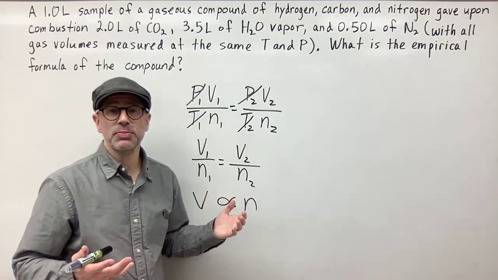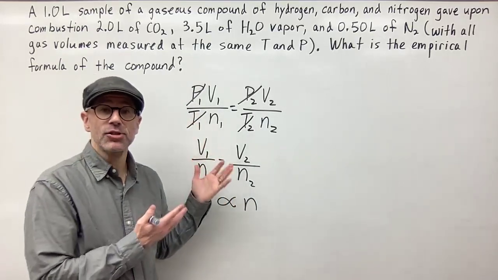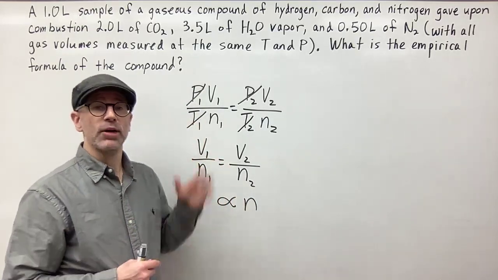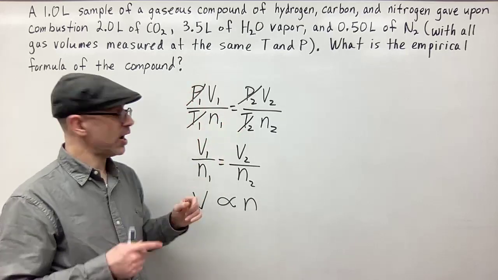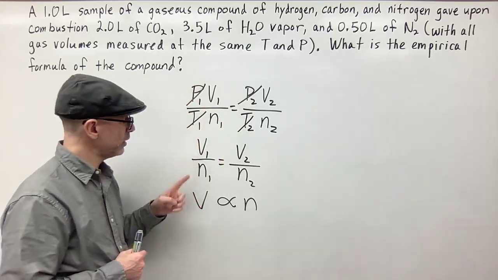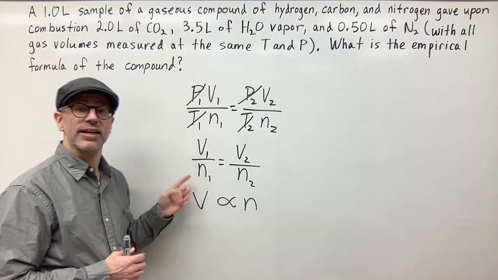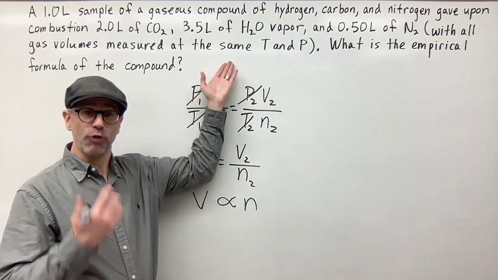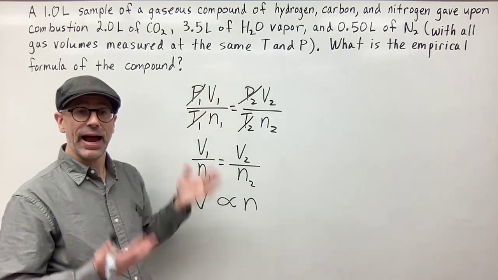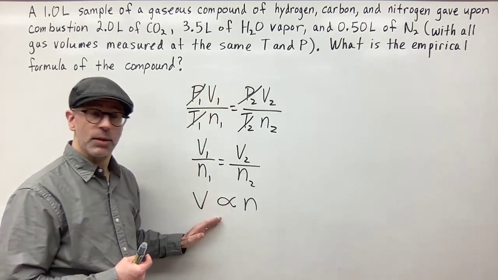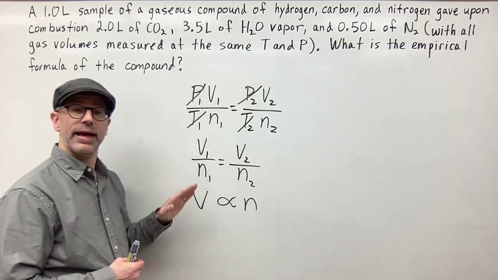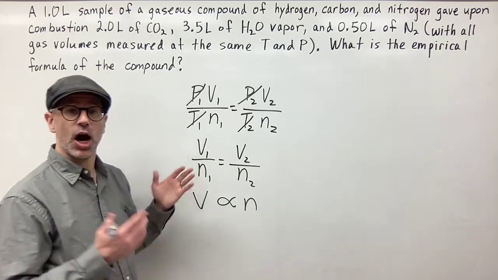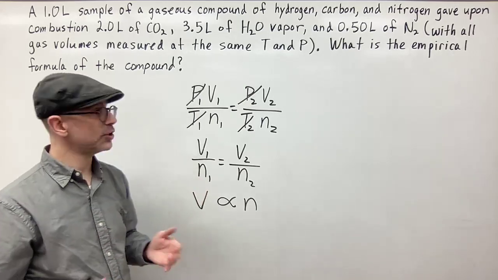We can't do that in this problem because we're not given mass, we're not given a percent, we're given liters. But because volume and the amount of gas are proportional, we can treat the volumes that they're giving us as moles, because volume and the amount of gas are directly proportional to each other.